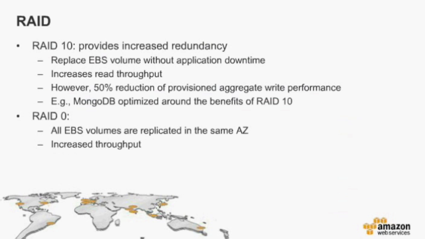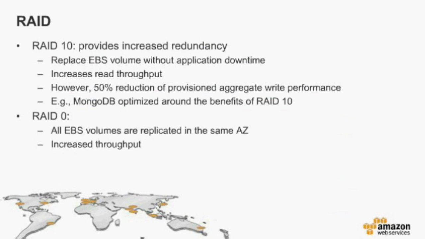That happens at the cost of typically a 50% or slightly greater than that reduction in aggregate write performance from the system. In some applications, you can continue to read from either side of the mirror, which means that you'd see 85, 90% of the read performance associated with a RAID 0 of the same type. So that just depends on your specific workload.